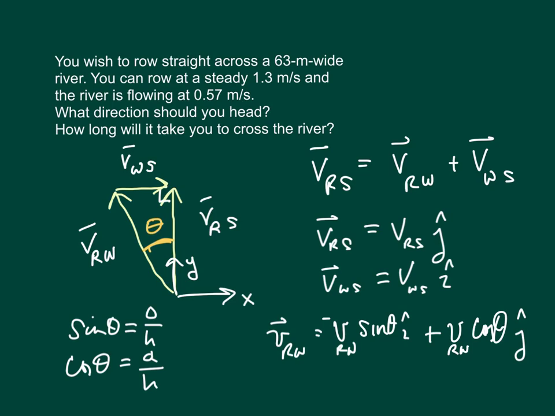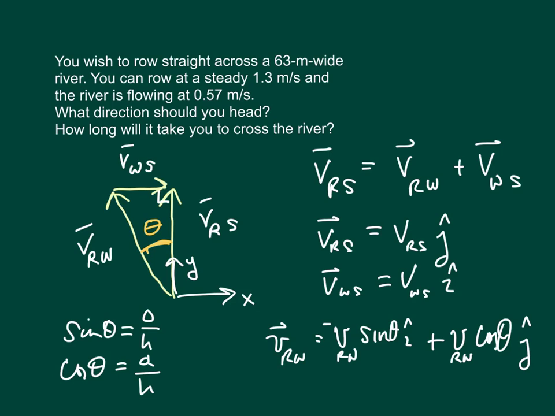So now we have expressions for our three vectors in this problem. We're next going to move to another slide, and what we'll be doing is setting up the vector component equations, where in order for these vector sums to be equal, the components of each of the vector sums must be equal, and we'll do that next.